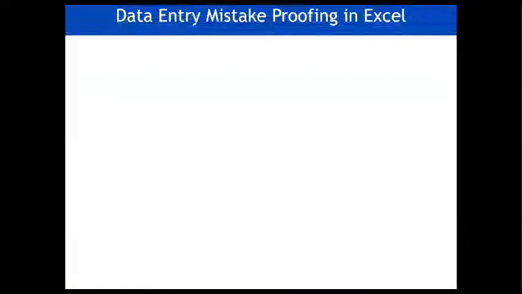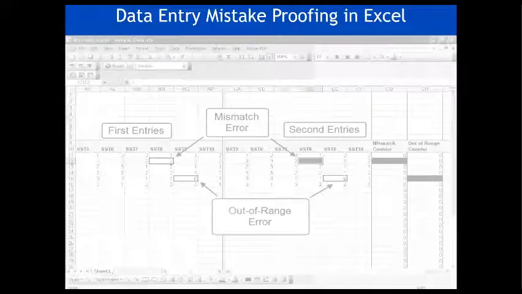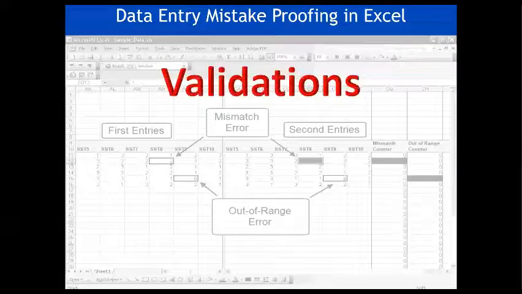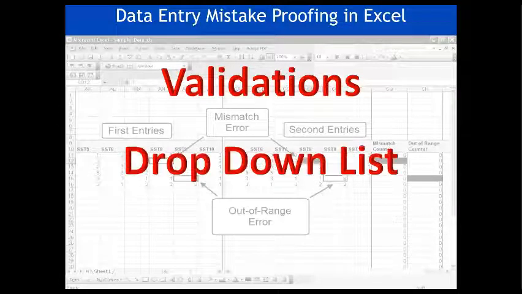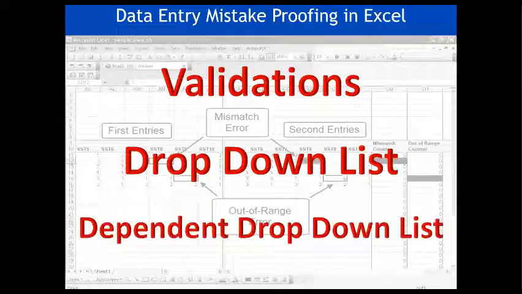So, in order to avoid landing in such a messy situation, in the first section of this series, we will discuss data entry mistake proofing in Excel using validations, drop-down list, and dependent drop-down list.